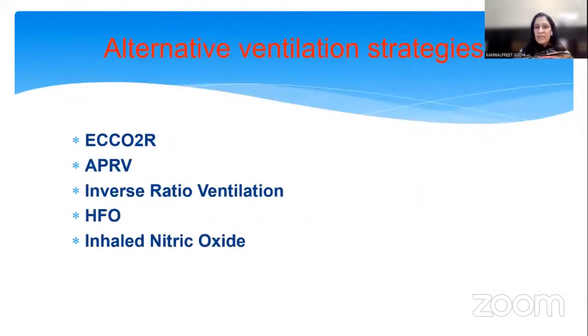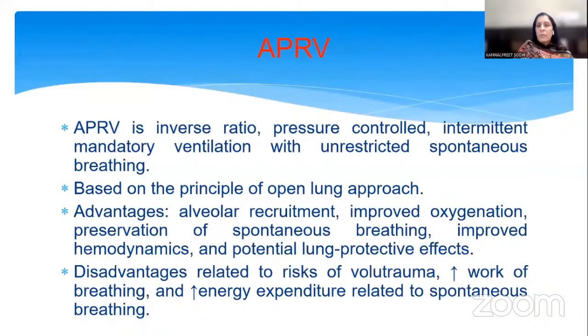Alternative ventilation strategies, again, are sometimes asked in the exam. ECCO2R can be used, APRV, inverse ratio ventilation, high frequency ventilation, or inhaled nitric oxide. But the mortality benefit with any of these strategies is still to be shown. Briefly about APRV, it's an inverse ratio pressure controlled intermittent mandatory ventilation wherein unrestricted spontaneous breathing is allowed.